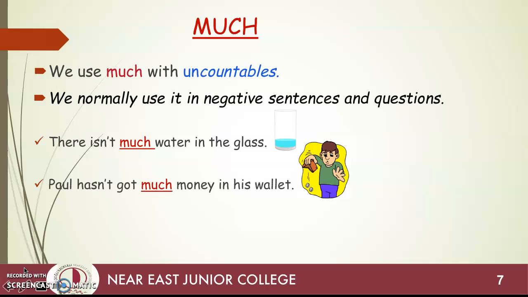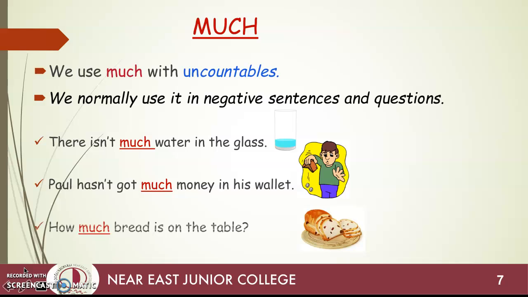Paul hasn't got much money in his wallet. Money is uncountable, it's a negative sentence, and again, in the sentence we use much. How much bread is on the table? This is a question. Bread is uncountable.